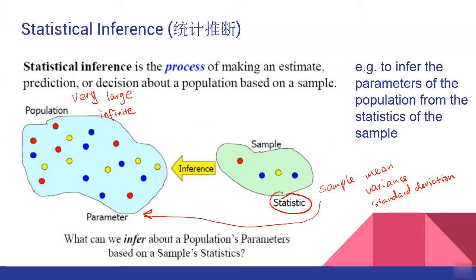In this way, we know the characteristics of the population, right? This process is called statistical inference. Understand?